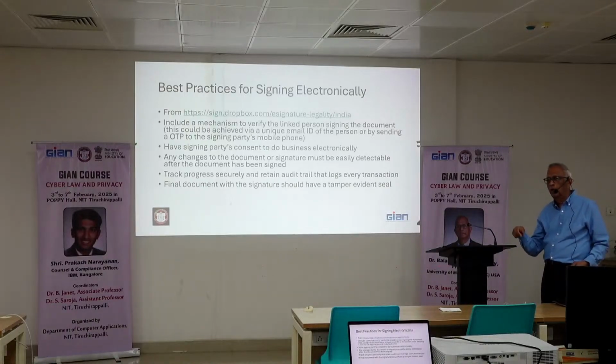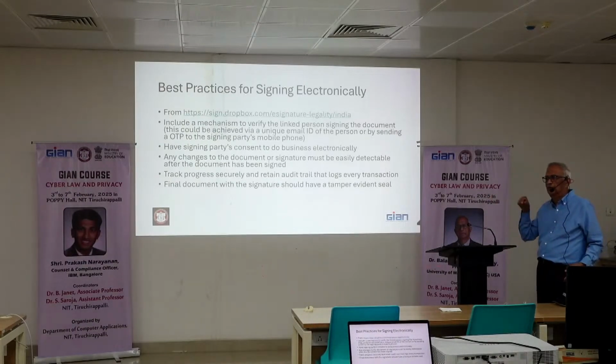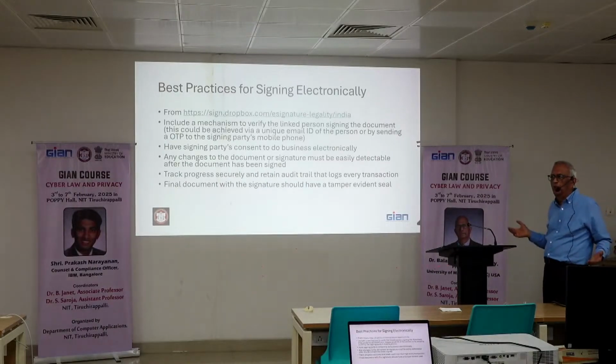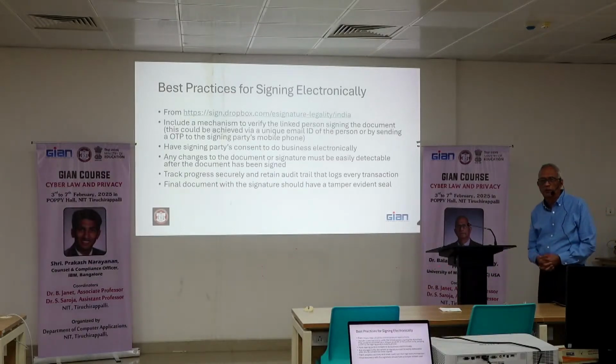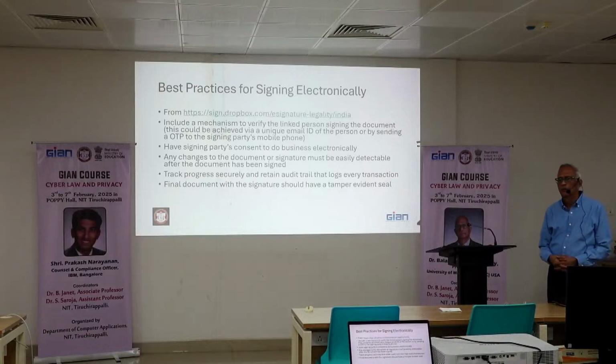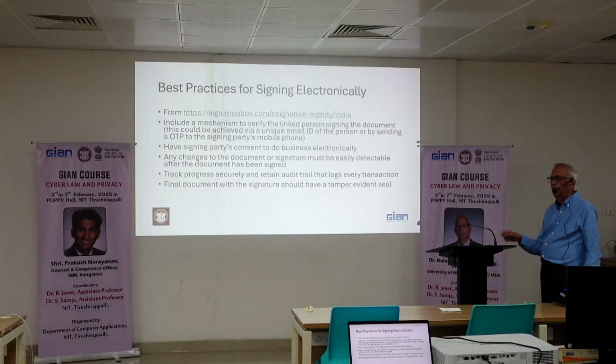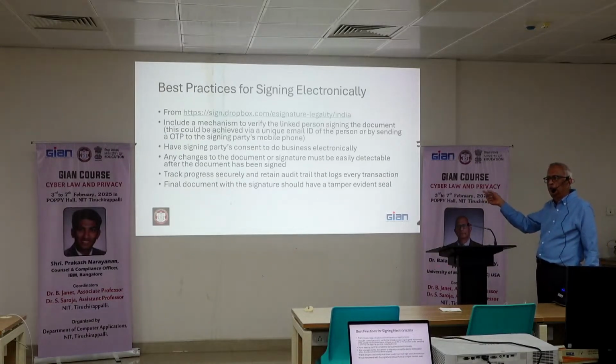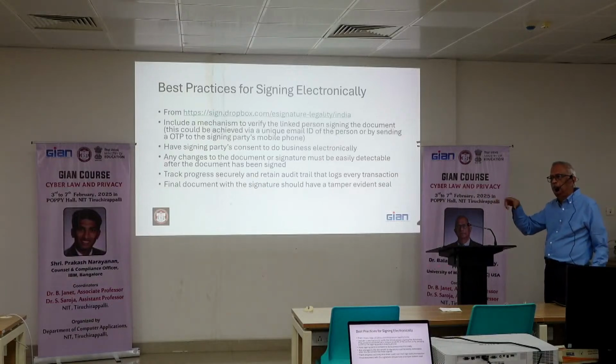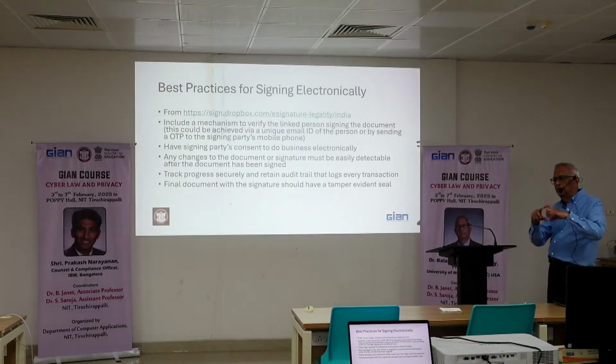If you're a good lawyer, they will make sure of all these things. But for two individuals, if it's only worth $1,000, you may not do this, but then you may get into trouble. Any changes to the document or signature must be easily detectable. In the public key infrastructure I talked about, you cannot change anything because you will detect the change.